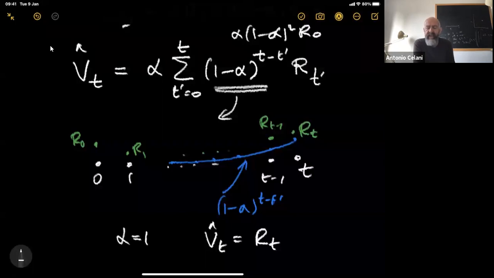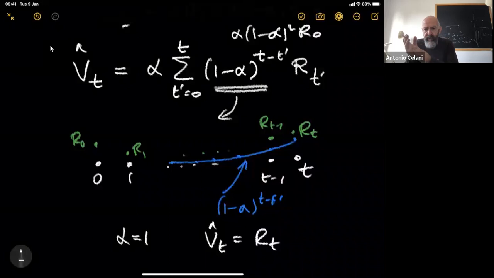Okay, it has its merits to get a large alpha because you converge rapidly to your value function. Okay, because this gives you the rate of convergence of the sum. All these many terms, if alpha is big, 1 minus alpha is small, and this sum tends to converge quickly to its average.